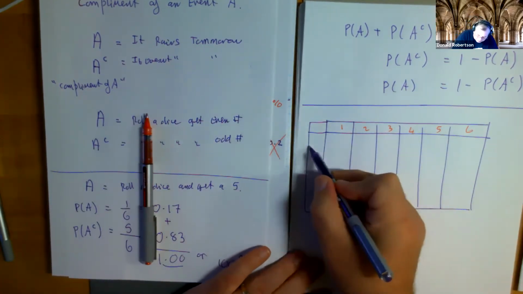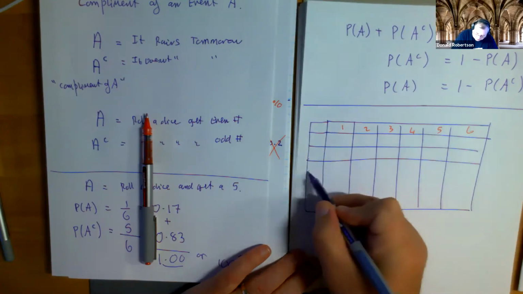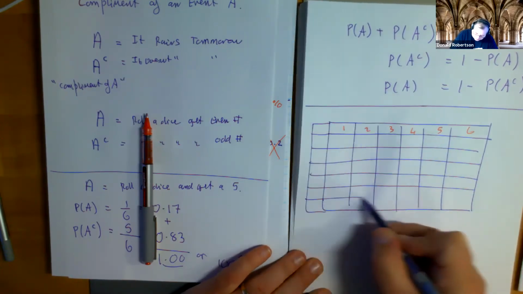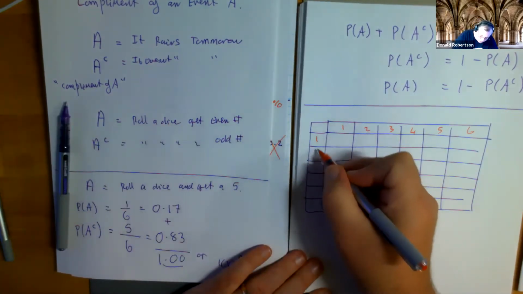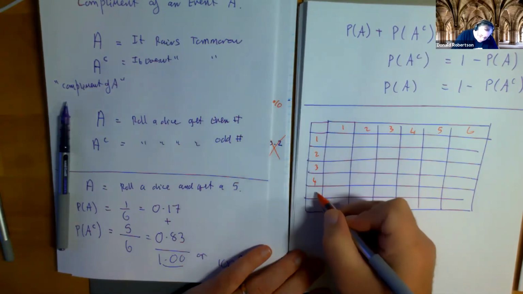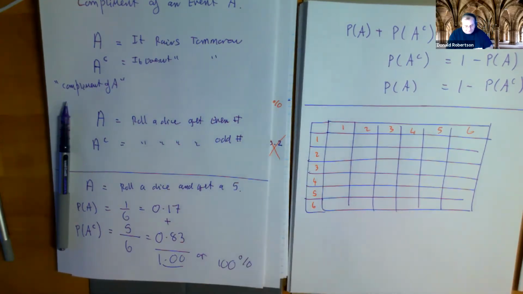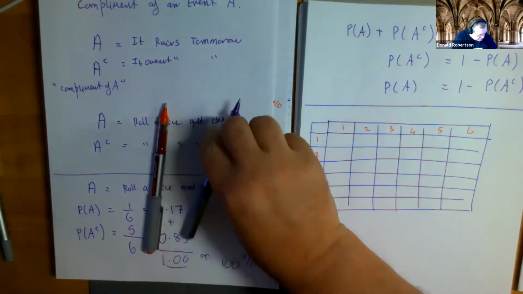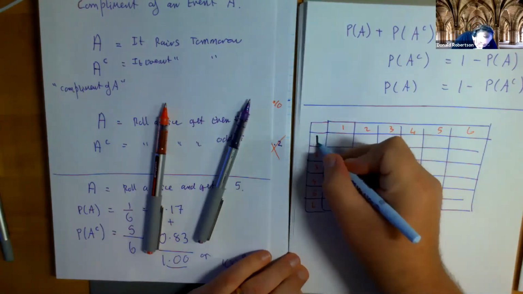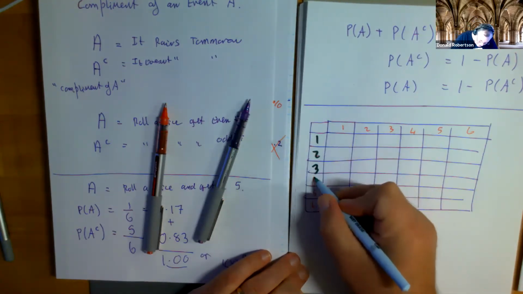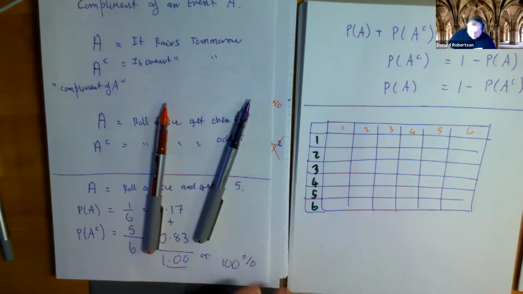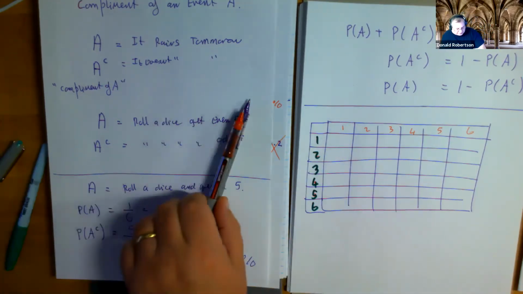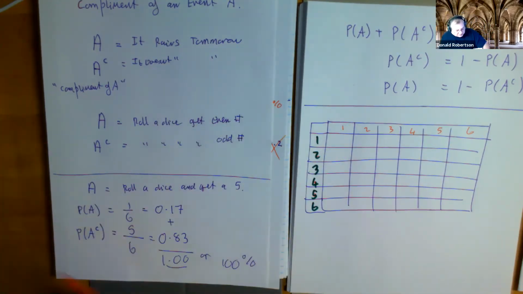And then 1, 2, 3, 4, 5, 6. And go 1, 2, 3, 4, 5, 6. And I'll make them green, just to be different. There we go. What this table is trying to describe is what happens when you throw 2 dice, right?